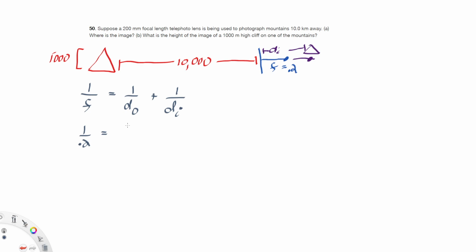The object distance is 10,000. The image distance we do not know. 1 over 0.2 is 5. 1 over 10,000 is 0.0001.